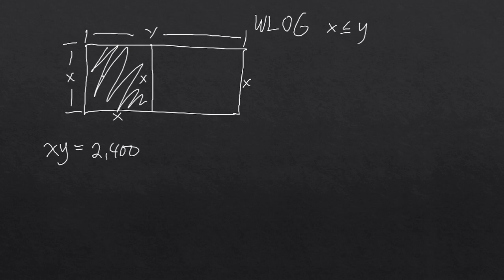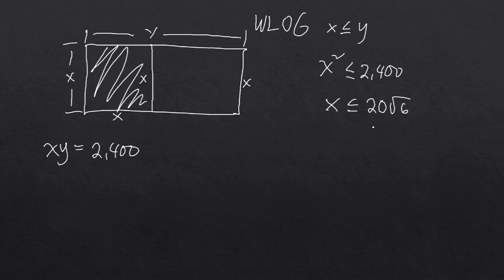The area of this square is just x squared, because this is a square, and it is less than or equal to the area of the entire rectangle, that is 2,400. If we take the square root of both sides, x is less than or equal to 20 square root of 6.